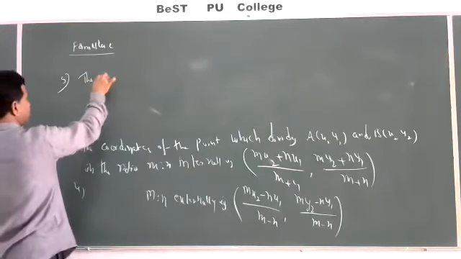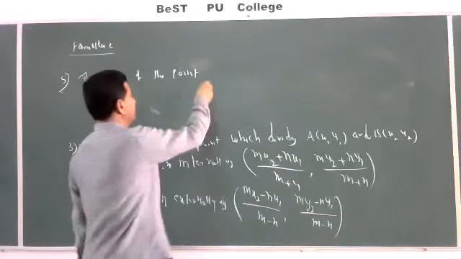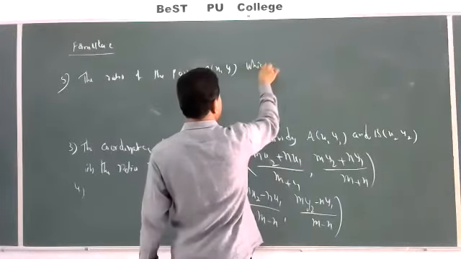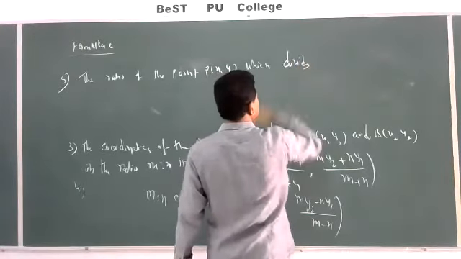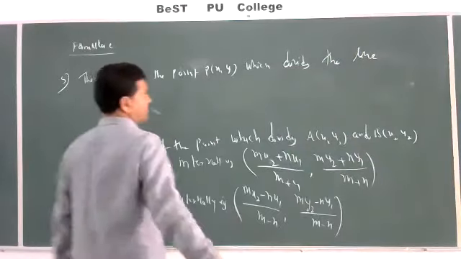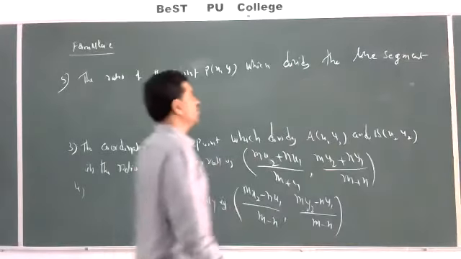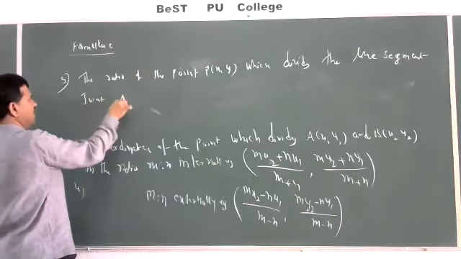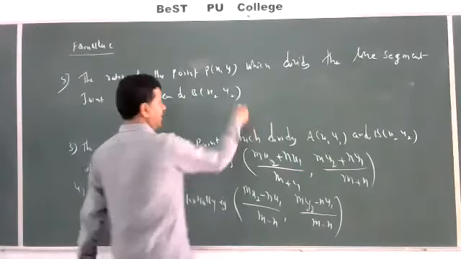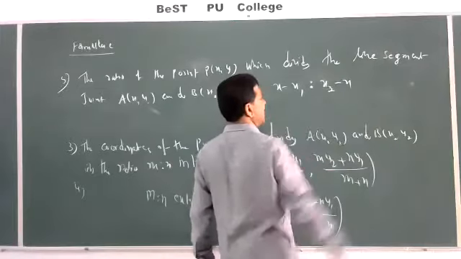The ratio of the point P(x, y) which divides the line segment joining A(x1, y1) and B(x2, y2), shortcut formula is, what is the ratio? (x minus x1) is to (x2 minus x).